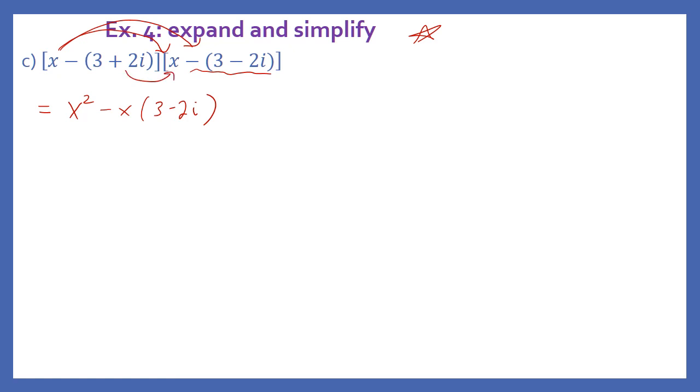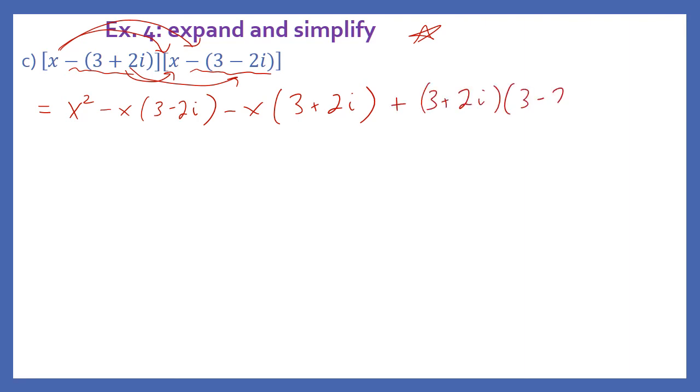Inside, it's the same idea. This is all one term, so it's really negative x times 3 plus 2i. And then last, a negative times a negative makes a positive, and then 3 plus 2i, 3 minus 2i. Now that's the hard part. After that, it's not too bad.